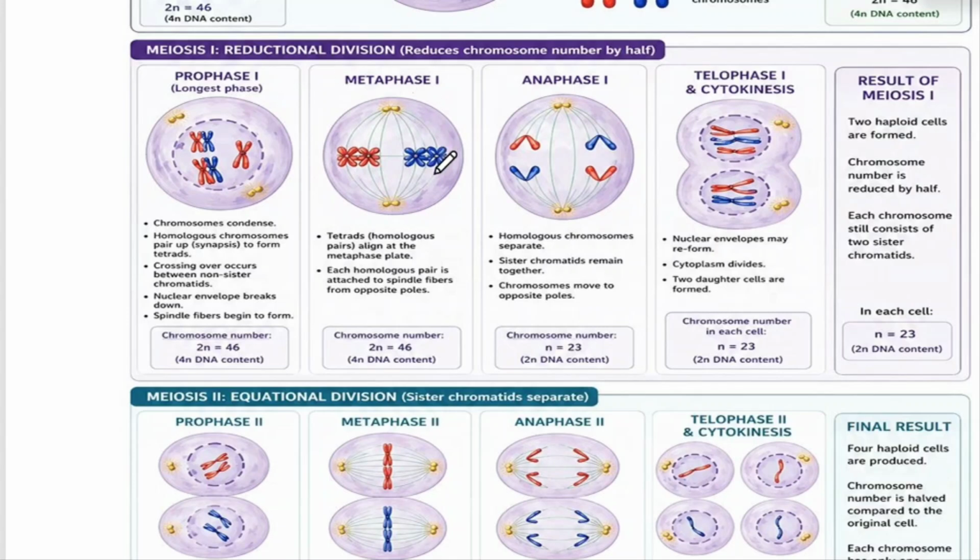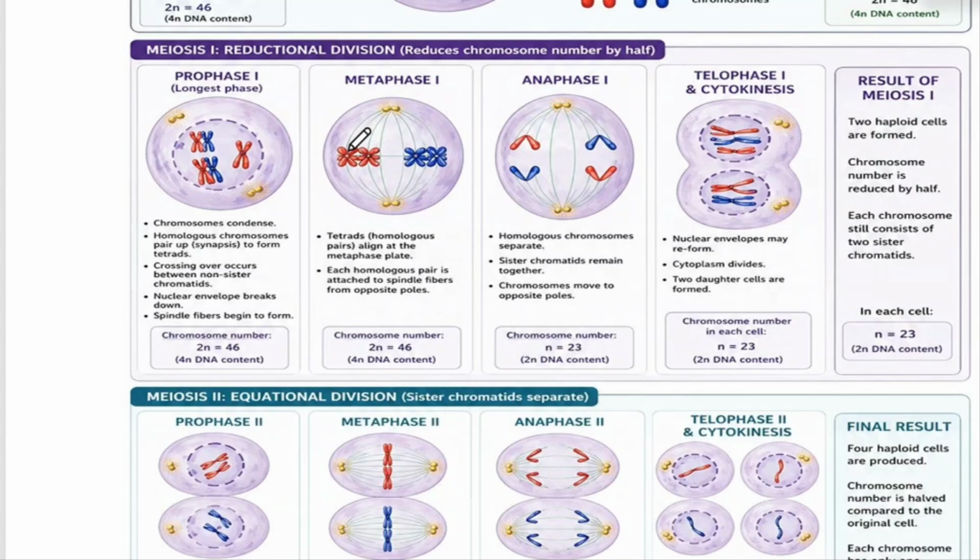In metaphase 1, the homologous chromosome pairs line up at the center of the cell, and each homologous chromosome is attached to a spindle fiber coming from the opposite pole.